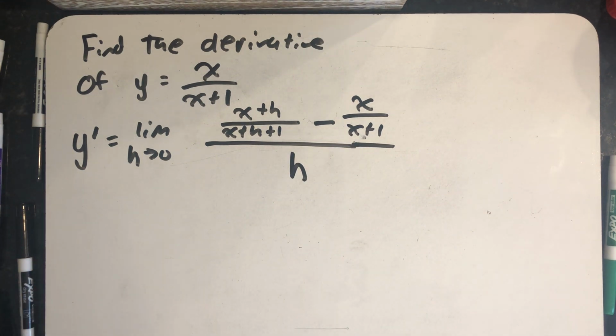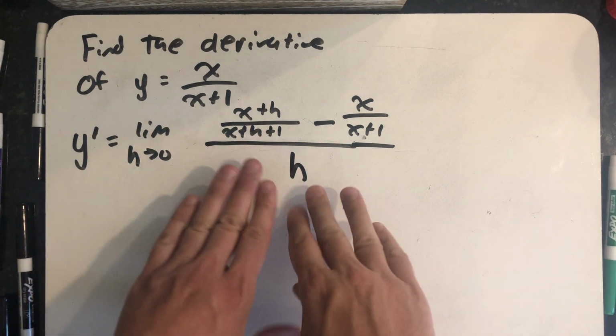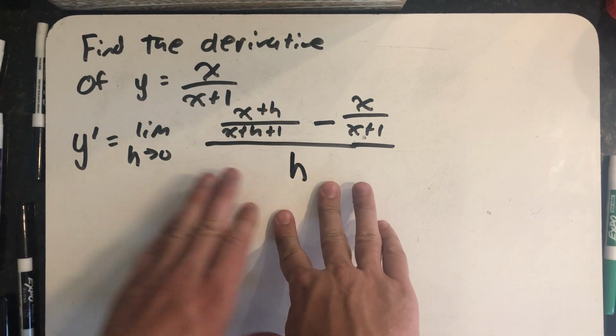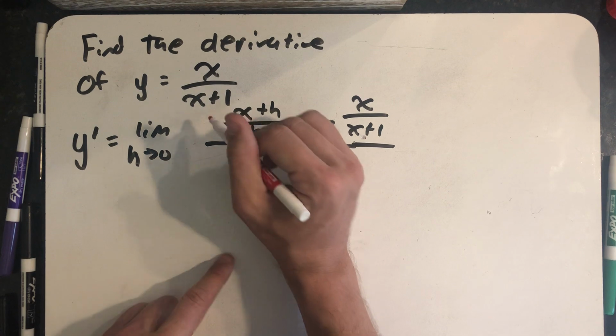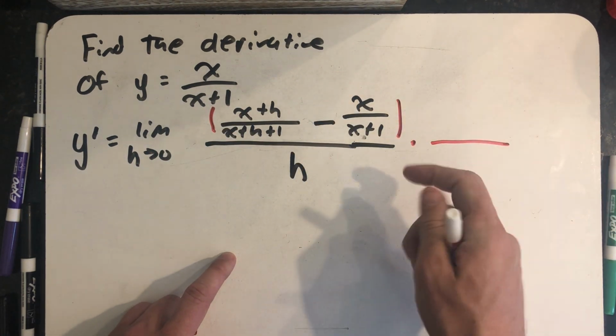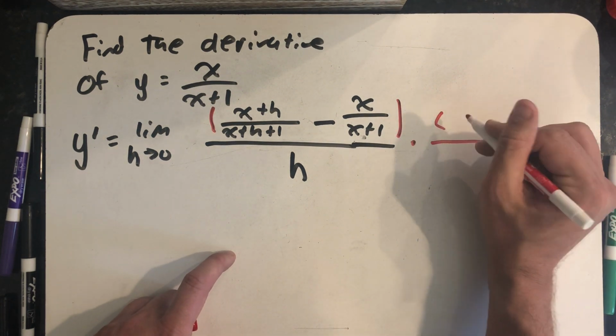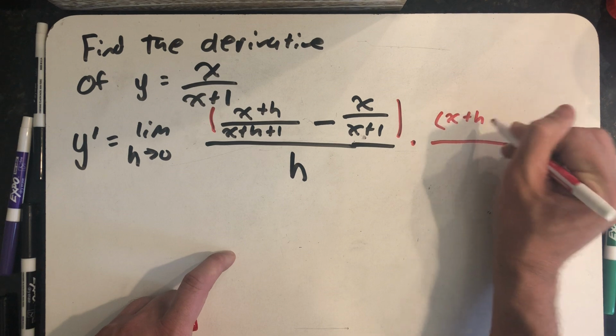I have a compound fraction. We could actually find a common denominator on top and then think about multiplying by the reciprocal of h. I always like to do a little trick that works with compound fractions where I multiply the top and the bottom of the big fraction by the least common denominator of all the little fractions.